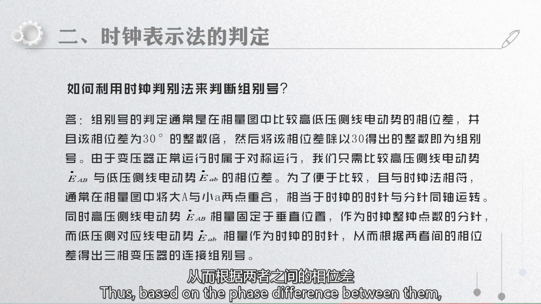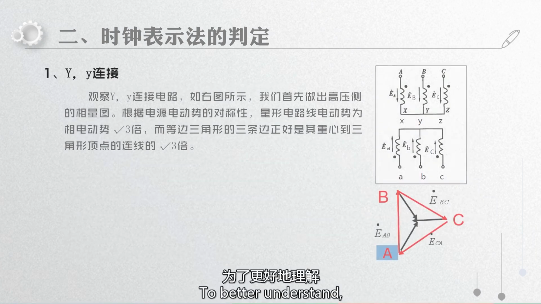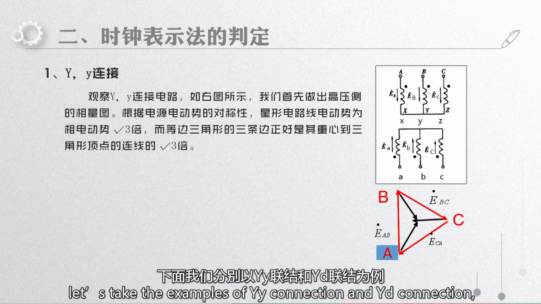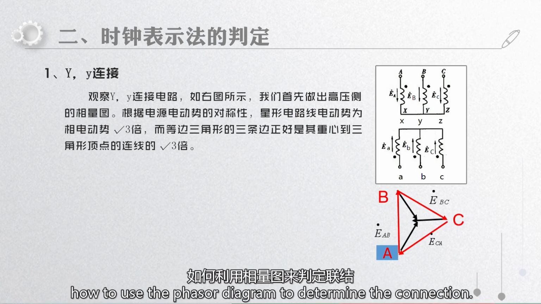Thus, based on the phase difference between them, the connection number of the three-phase transformer is obtained. To better understand, let's take the examples of Y-Y connection and Y-D connection to briefly explain how to use the phasor diagram to determine the connection.